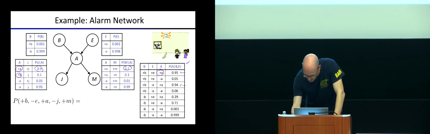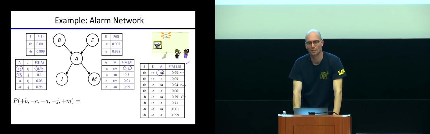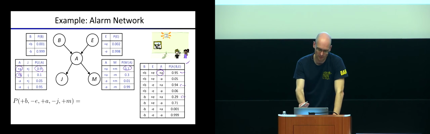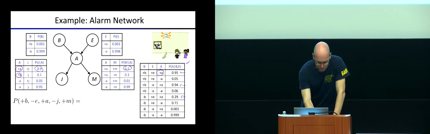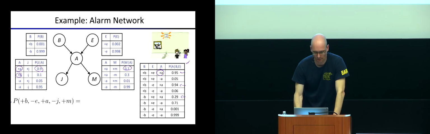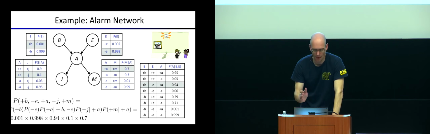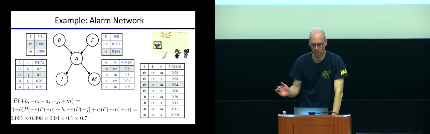If it's just earthquake, it also already has a pretty high probability of going off, and so forth. These numbers might be much easier to specify than a table that has, in this case, 2 to the 5 entries for every possible combination of all variables. If we want to compute an entry in that table that's hard to specify directly, but we still want to reason about, all we need to do is find the corresponding entries and multiply them together, and that would be the entry in the full joint distribution.